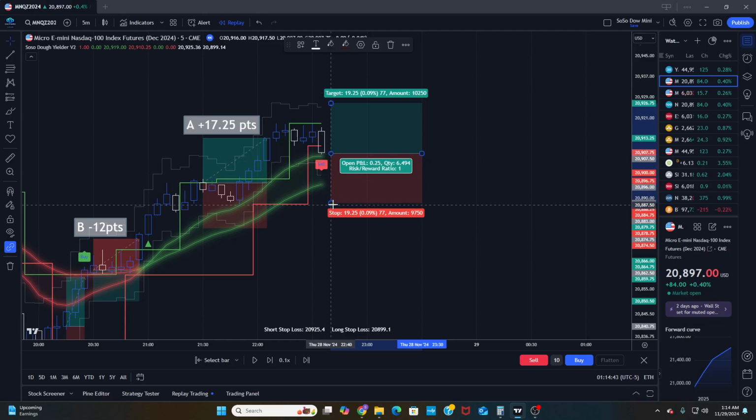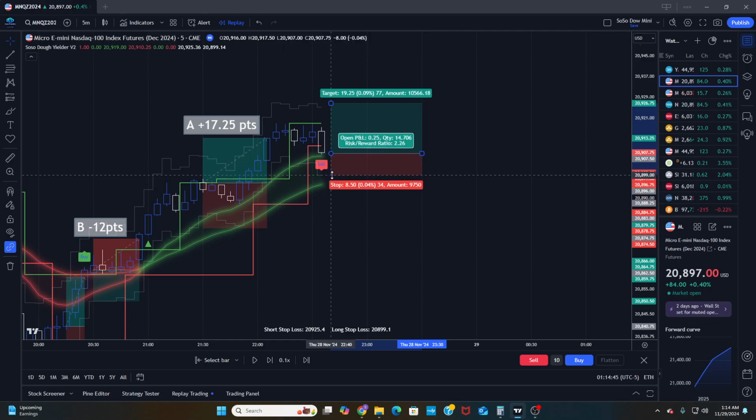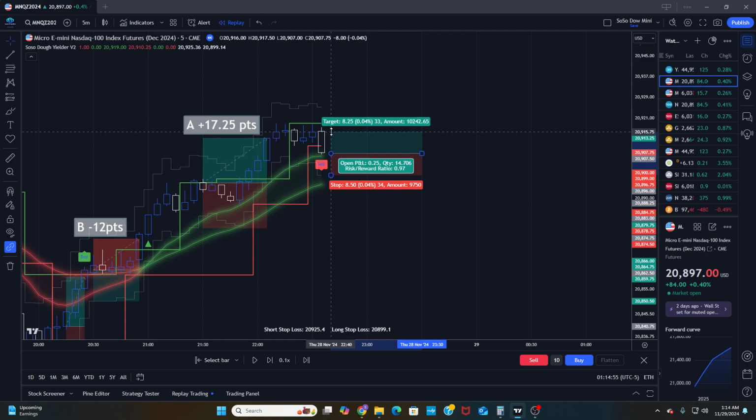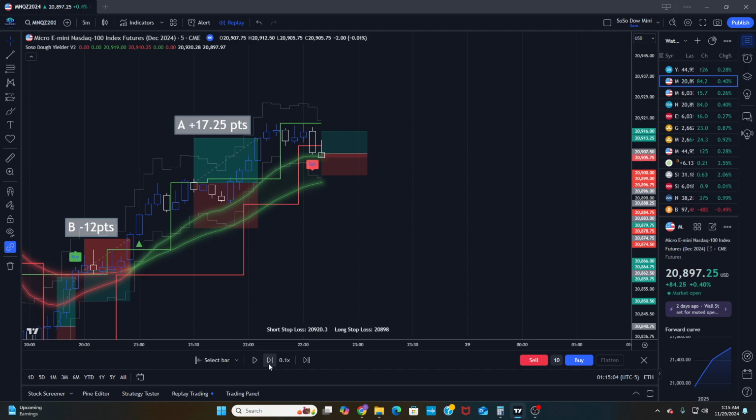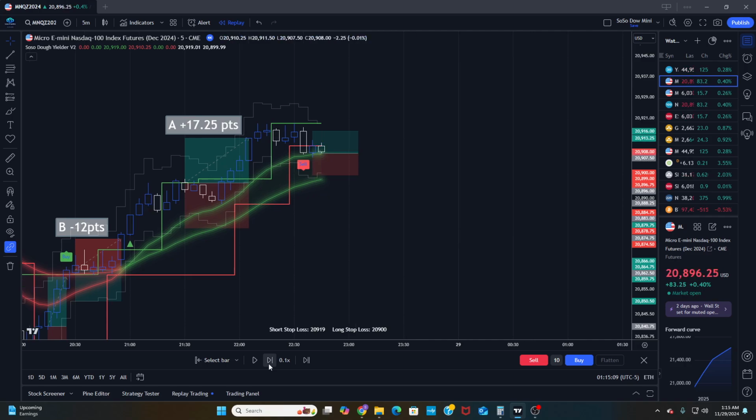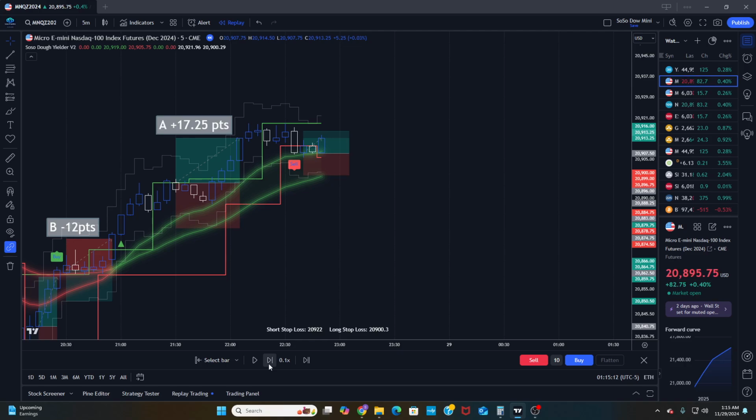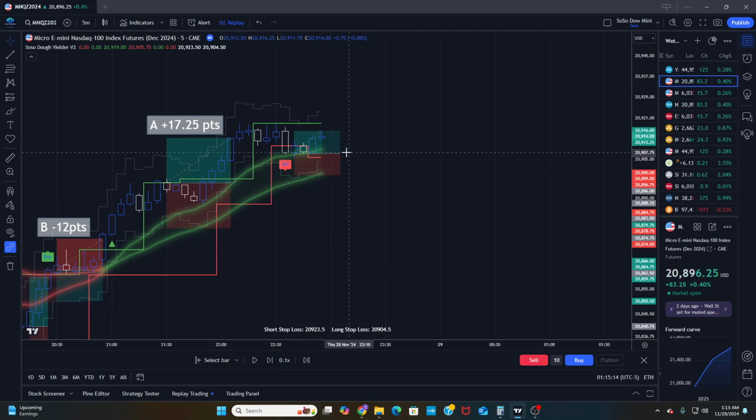Once that candle closes, we'll enter there, put our stop loss here, 8.5 points. We got entered. And we got 8.5 points there, and that's a valid B trade.